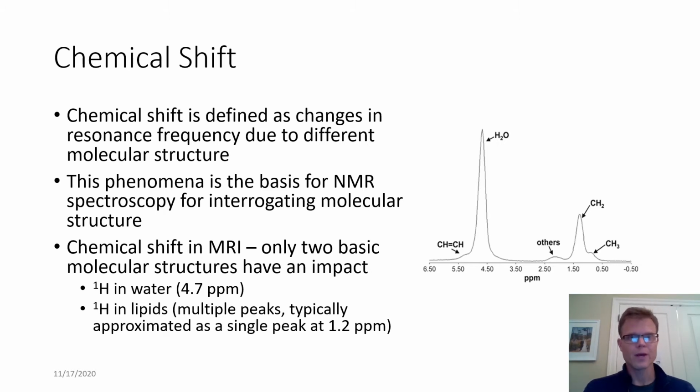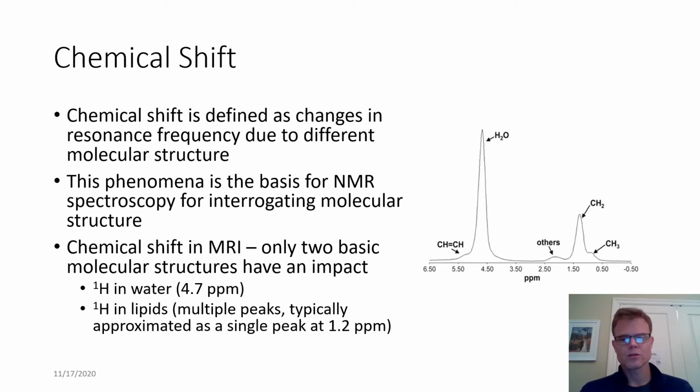There are only two basic molecular structures that have a significant impact on MRI. The first is what we are typically imaging, which is protons in water molecules, which by NMR standards are defined to be at 4.7 parts per million.